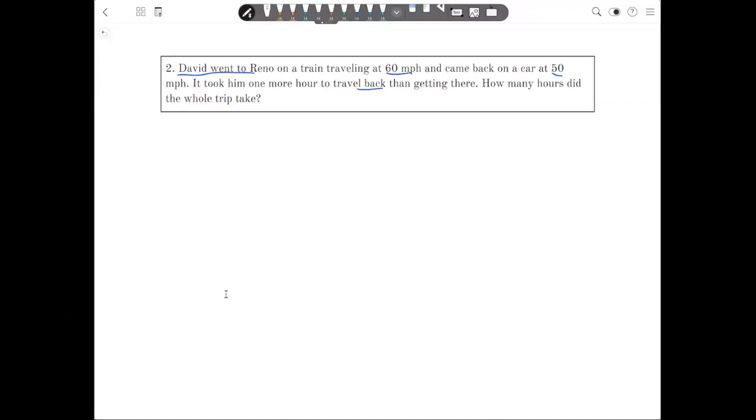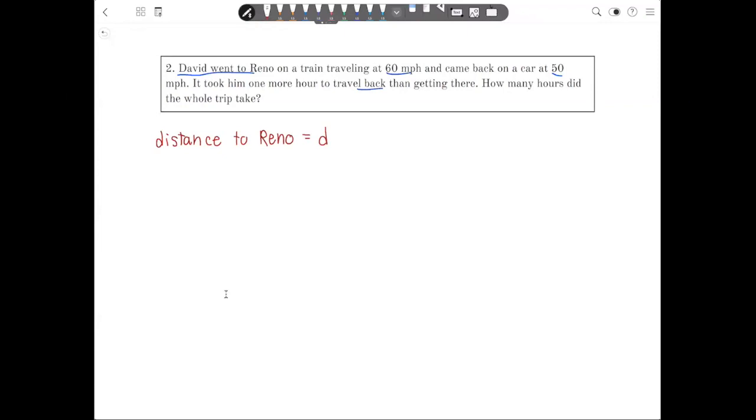Okay, so here's how you can do this problem. Let's say the distance to Reno is D, so then we don't have to write this phrase every time. So D is the distance to Reno.